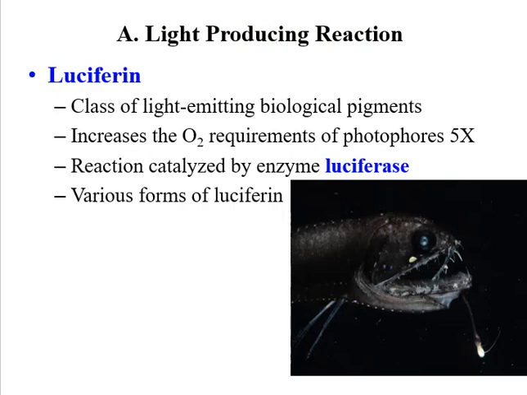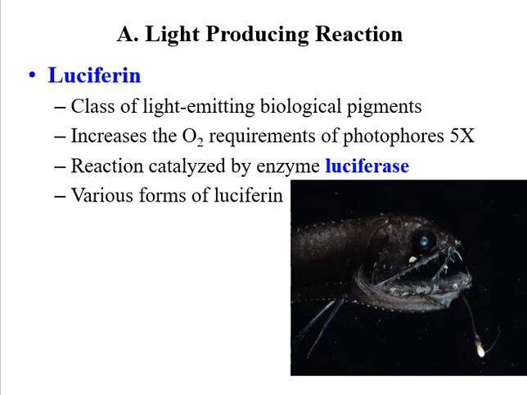First of all, it's a chemical reaction that produces light, and it requires oxygen and it requires ATP. So it's similar to cellular respiration in the sense that ATP is being used and oxygen is being used. That happens in a lot of metabolic reactions. So you've got this biological pigment, this pigmented protein called luciferin.